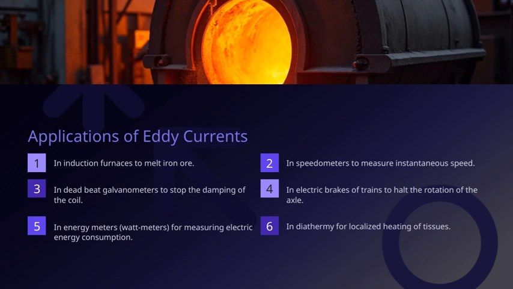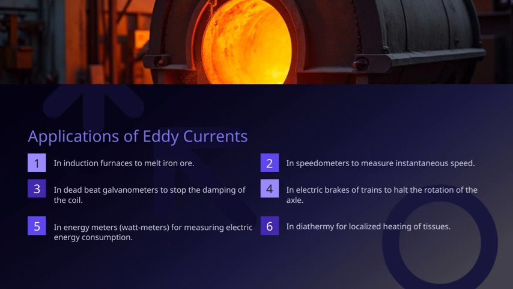In speedometers, eddy currents are employed to measure the instantaneous speed of a vehicle, offering real-time feedback for accurate speed readings. Energy meters, or watt meters, also use eddy currents to measure electric energy consumption, making them essential for billing and energy management.